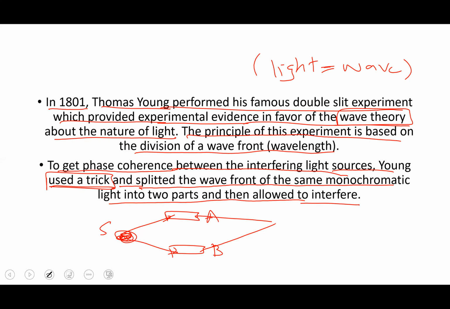One is dark and one is bright. Why? Because the light is monochromatic, only two conditions will be formed: either constructive or destructive interference. In the case of constructive interference, the light will be bright, while in the case of destructive interference, the dark fringe will be formed.